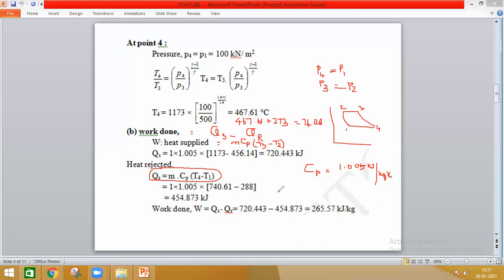So we substitute this here and we will be getting the value of heat rejected as 454.873 kilojoules.